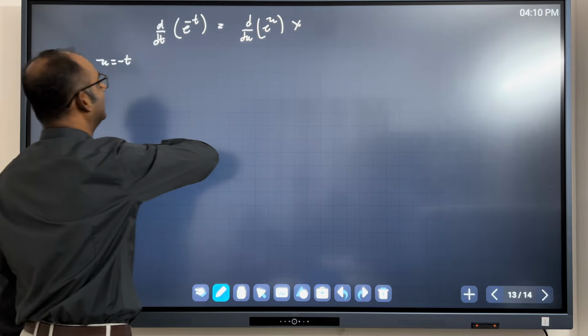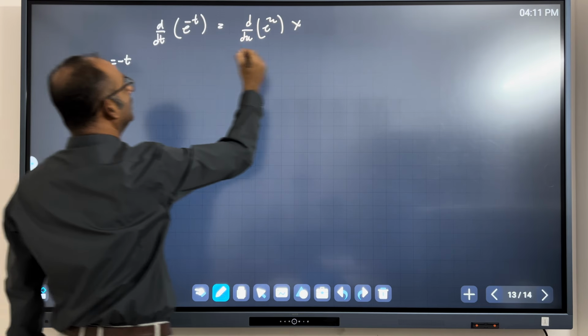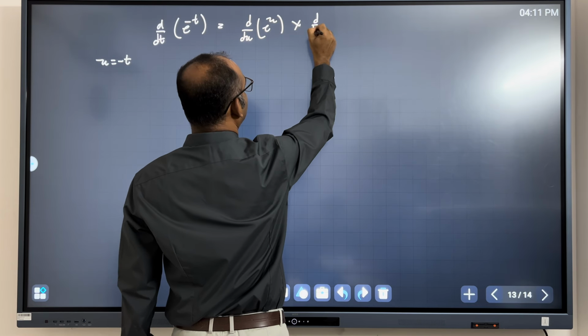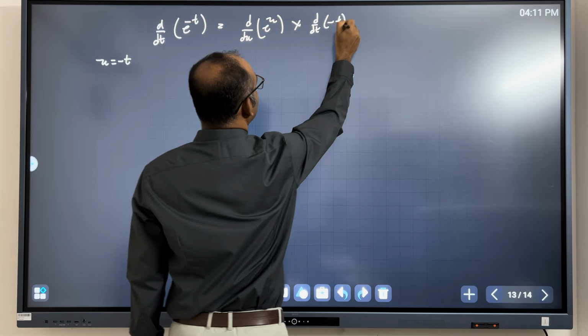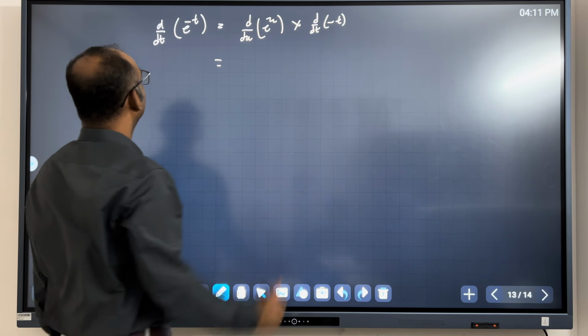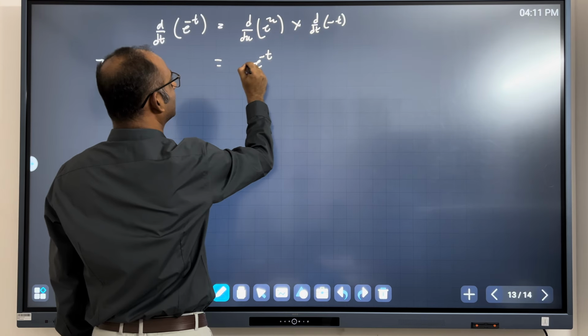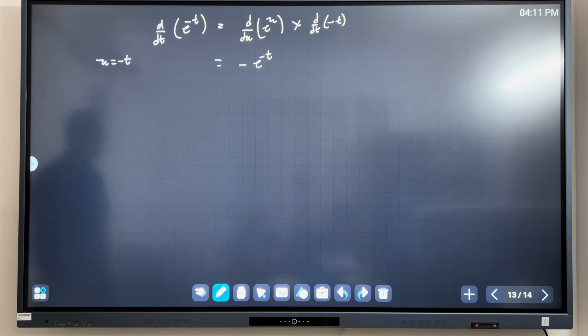Times du over dt. But what is the derivative of u? u is in this case minus t, right? So du over dt of minus t. So this is again the exponential function e to the u, which is e to the minus t. The derivative of this is minus 1.